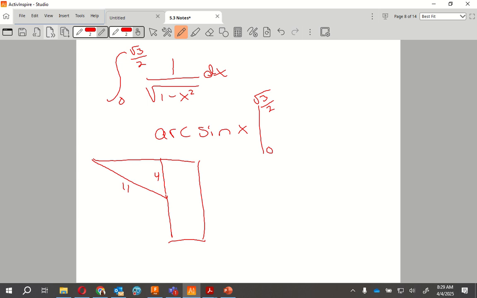I need to figure out what that is, so from here, this theta, instead of saying sine theta is equal to 4 over 11, I would change it to arc sine of 4 over 11 is equal to whatever that is.